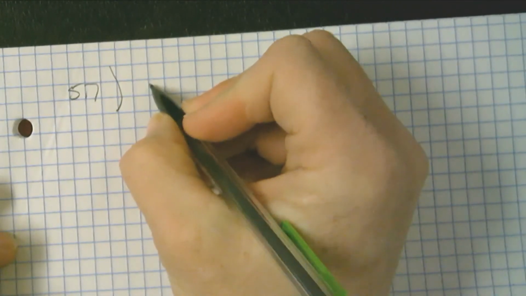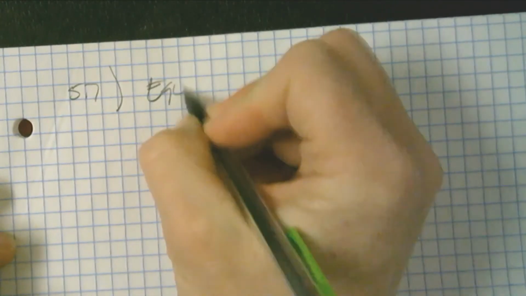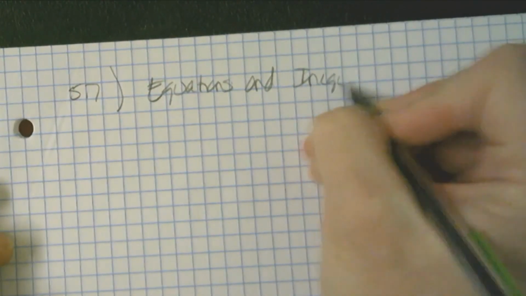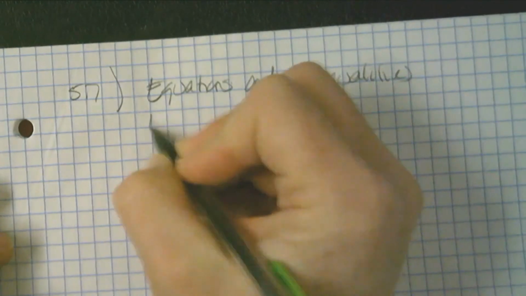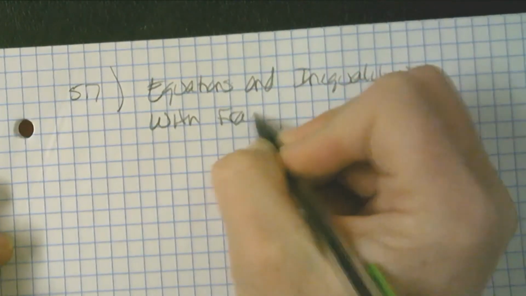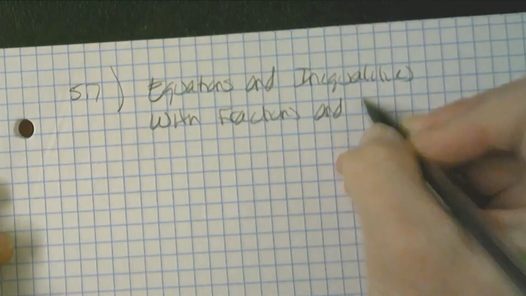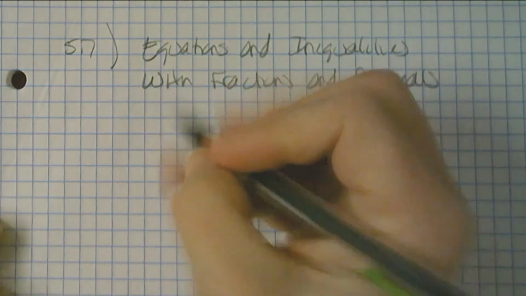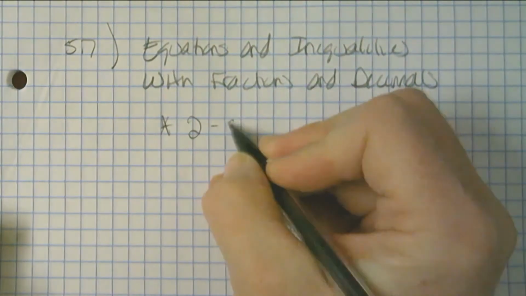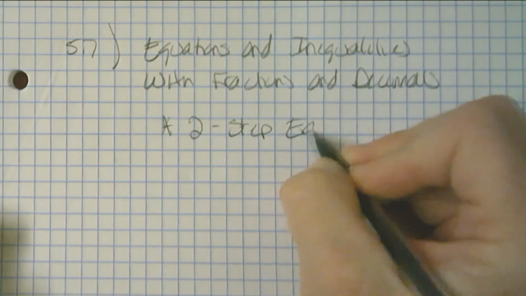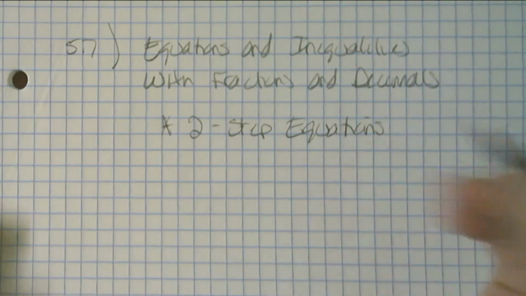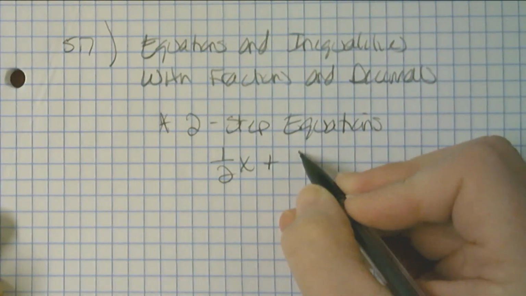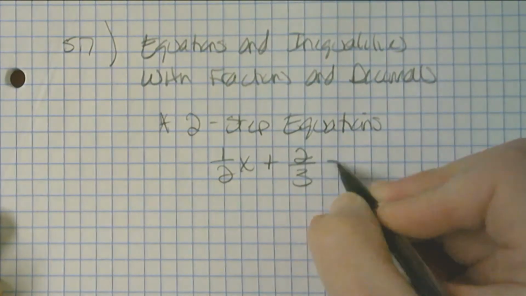So 5.7 was our last section. This is when we had equations and inequalities with fractions and decimals. Here we focused more on two-step equations, like 1/2 x plus 2/3 equals 3.